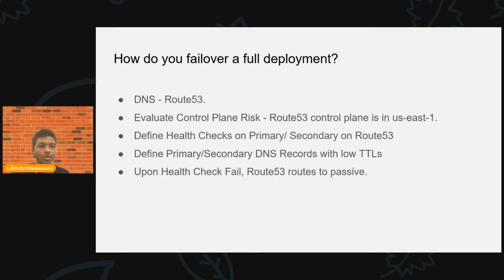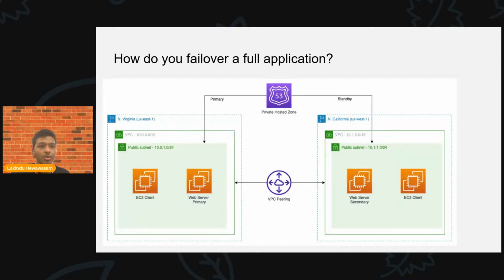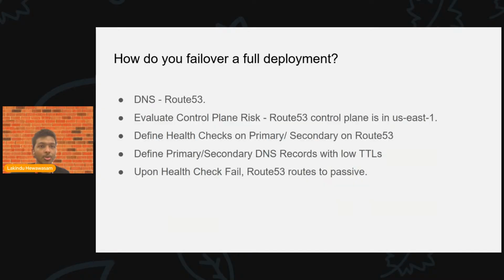The next one is a full application level deployment, right? So you have to consider how you would do this. You have the exact copy running in two regions, with the exact same configuration and the exact same specifications, and you use Route 53 to do a DNS level failover. On Route 53 you can configure health checks which constantly talk to your health endpoint and monitor if your application is healthy.